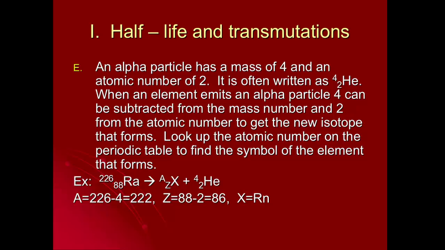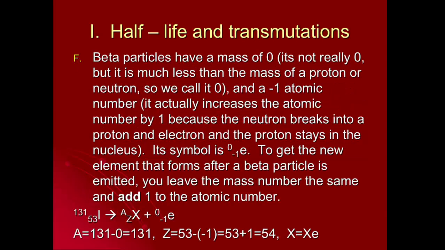And then I need to subtract 2 from my atomic number because 2 protons left. And that gives me an atomic number of 86. Now if I look on the periodic table for an element with the atomic number of 86, I get the symbol Rn, so that will be my product. So we're able to figure it out doing the math.